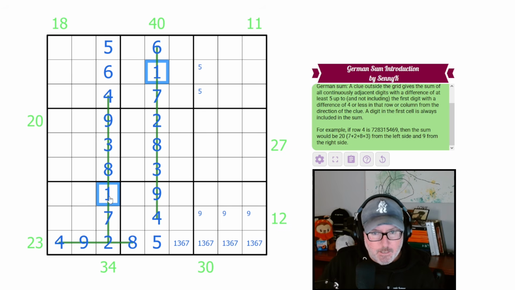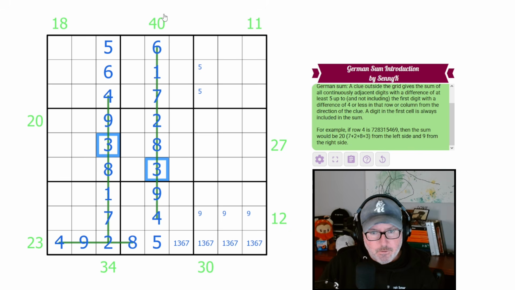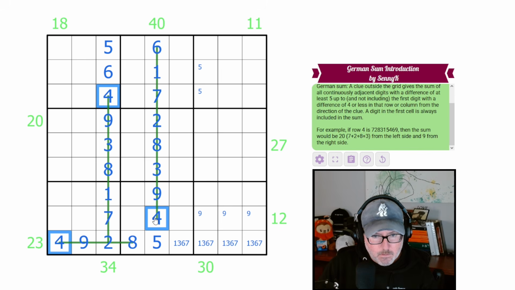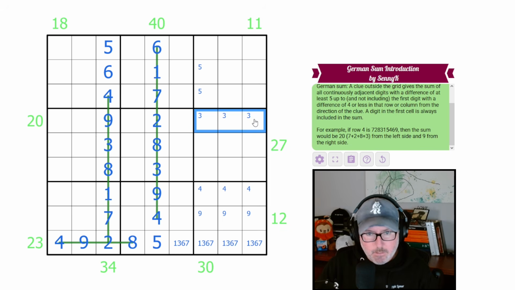I don't think we got any Sudoku out of this, really, did we? Because it's really just two vertical lines at this stage. I mean, we do push a 4 here, we do push a 3 here, and a 6 there, but I don't think that is really helping.